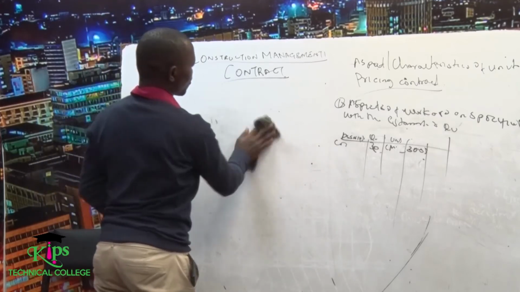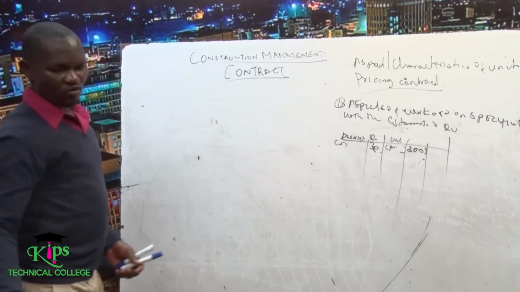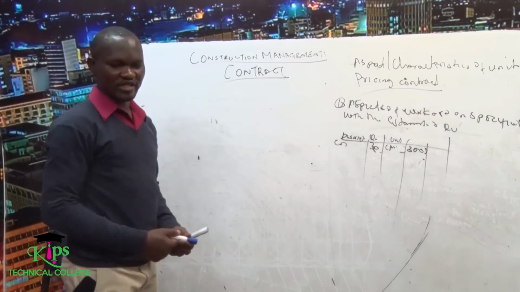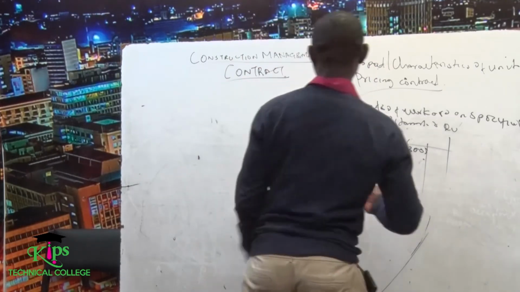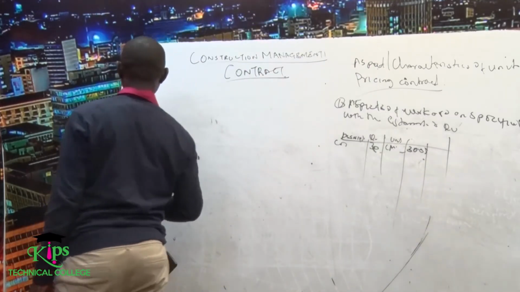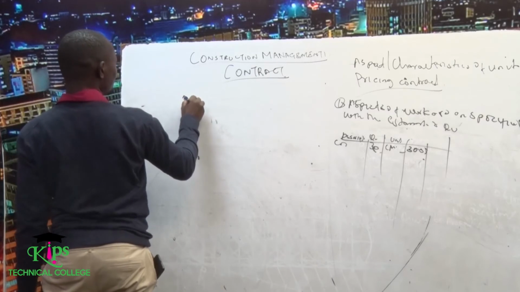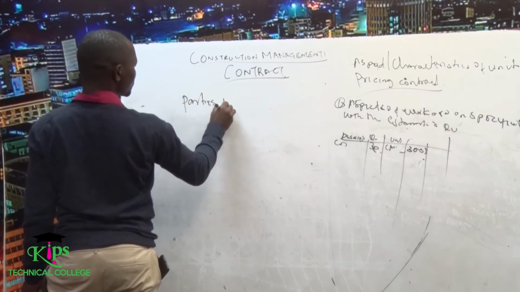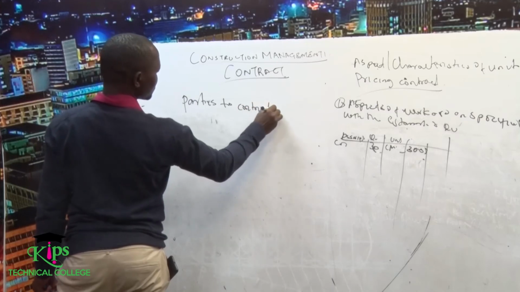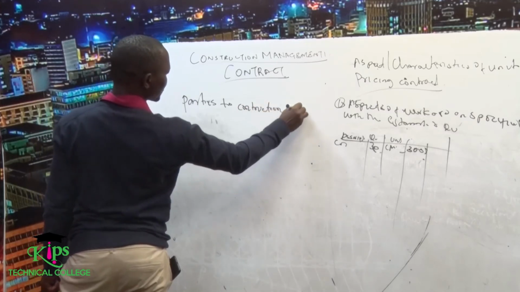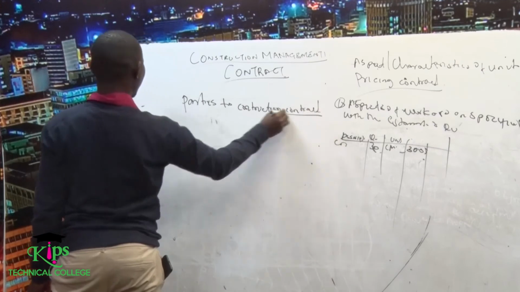Then again, we talk about the construction industry, the parties to the construction industry. When we talk about parties to the construction industry, we have various settings ranging from the client up to the subcontractor. So, parties to a construction contract or industry.